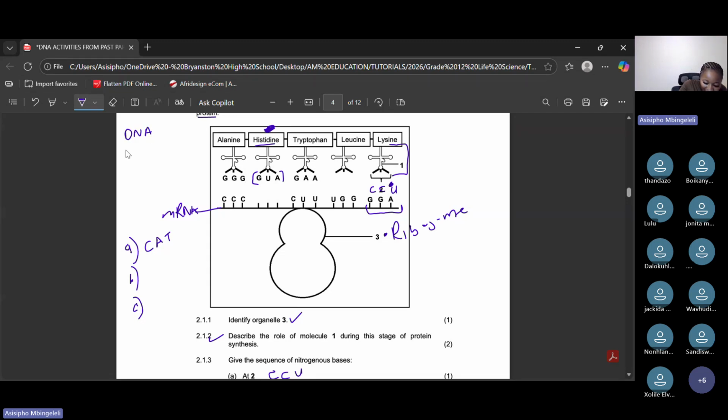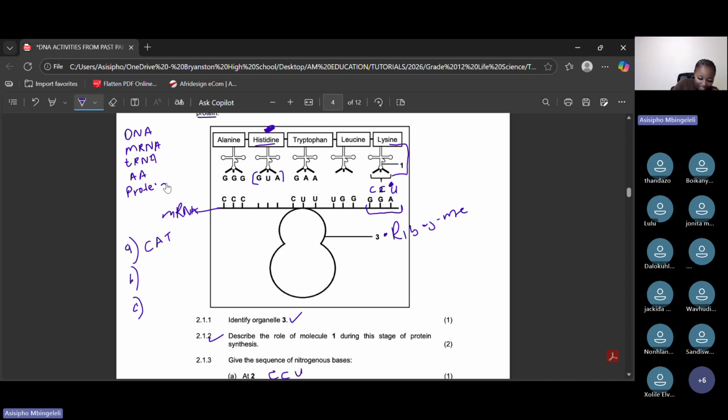We then use codons from messenger RNA to form transfer RNA. And then from transfer RNA, we should be able to get our amino acids. From amino acids, we are going to bond those amino acids together to form a protein.